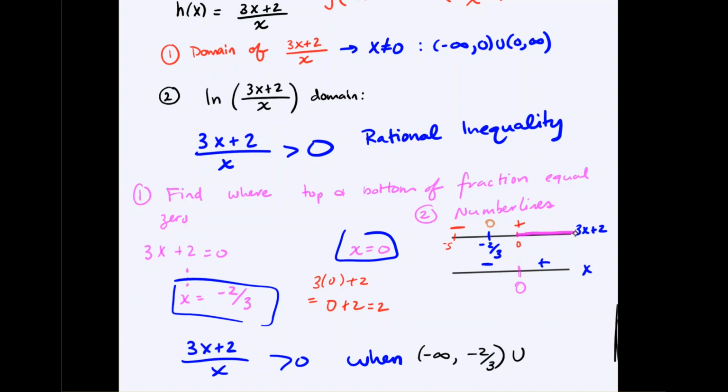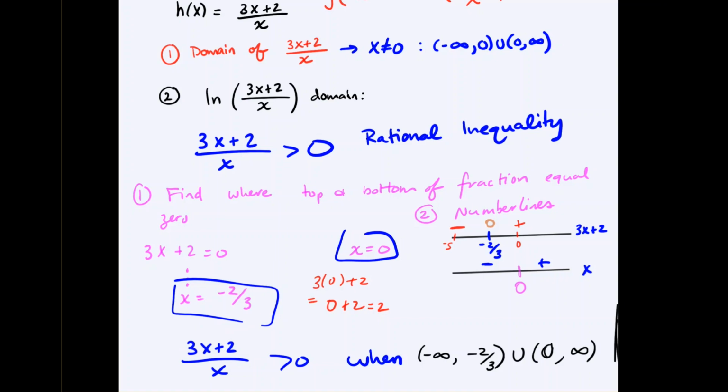Now past 0 for the top is positive, and past 0 from the bottom is also positive. Positive divided by positive stays positive. So we're also going to union from 0 on to infinity. No other places in the interval would make this fraction positive, because we do need to have the top positive divided by the bottom positive, or the top negative divided by the bottom negative.